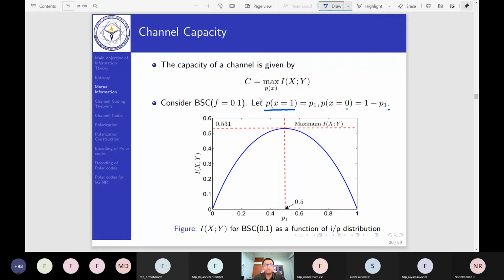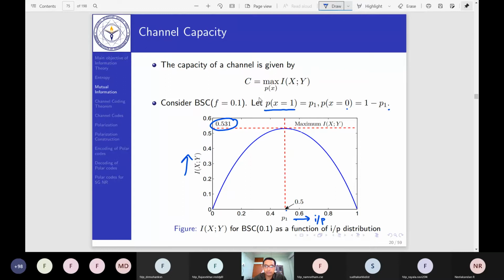If we plot this mutual information, in the x-axis we are plotting the input distribution, and this is the mutual information. The maximum value is obtained like this, 0.531. So the capacity is equal to 0.531 for the binary symmetric channel with this crossover probability. And the question is, at what value of the input distribution is this maximum obtained?